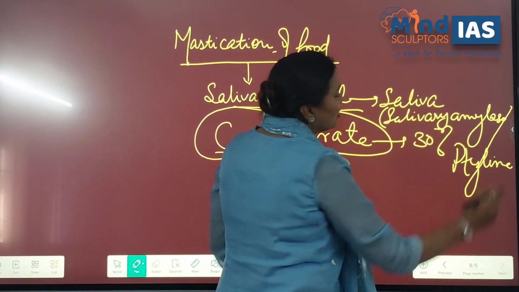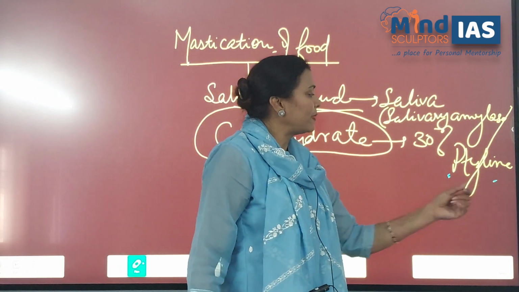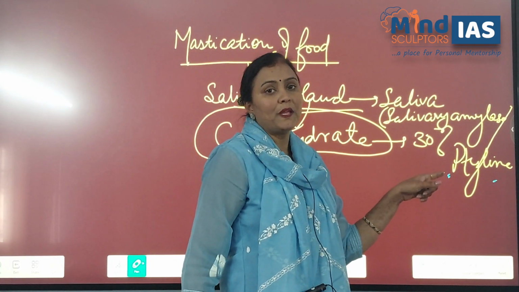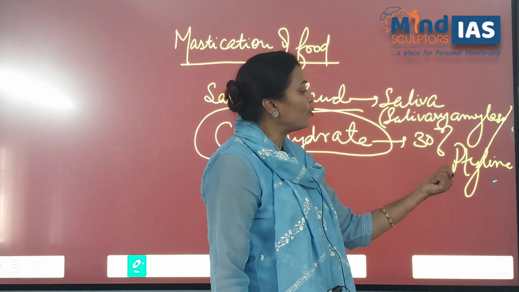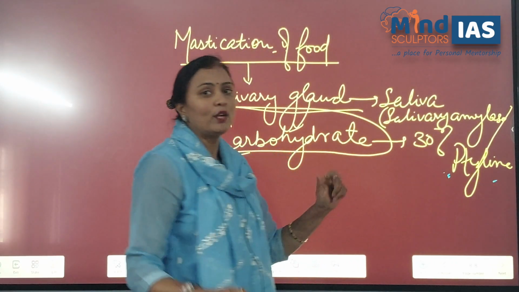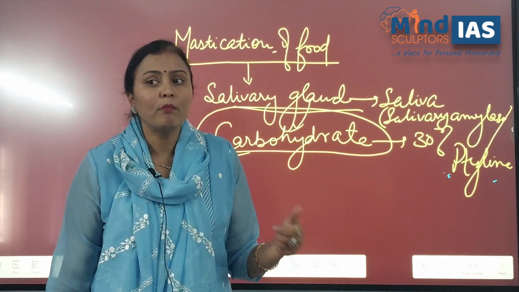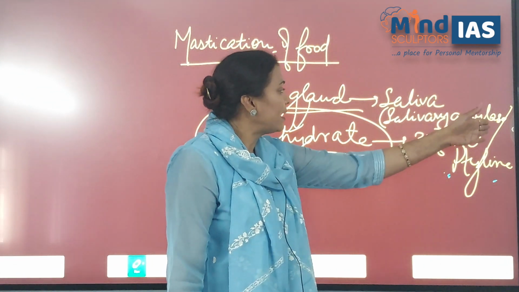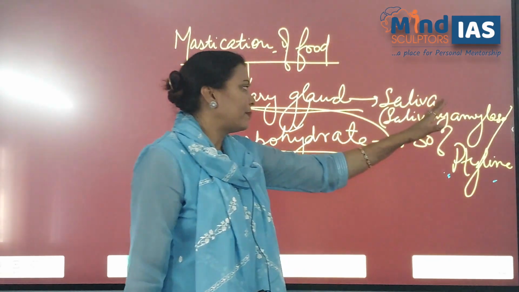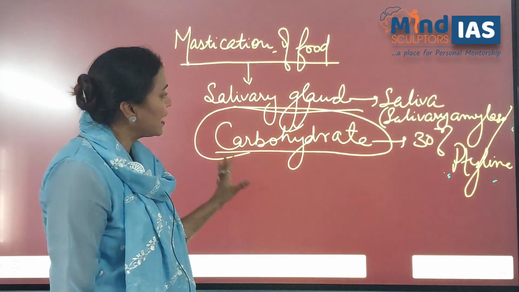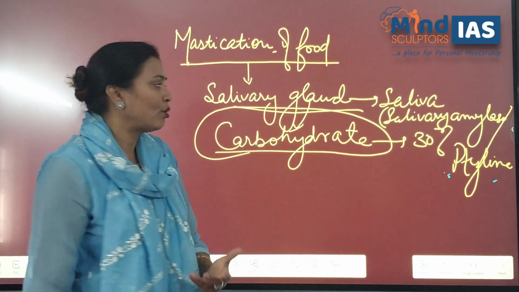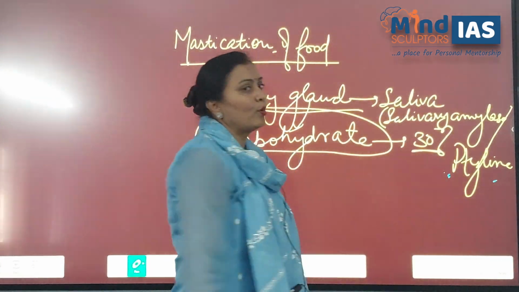Just focus on the spelling, because the spelling starts from P, but when we pronounce it, it starts from T. So the spelling starts from P and the pronunciation starts from T. Salivary amylase, or ptyalin, is present in your saliva, and it will start digestion of 30% of the carbohydrates in the mouth itself.